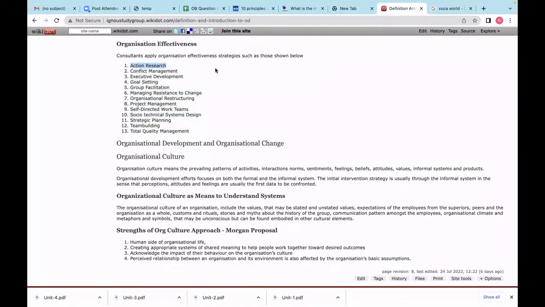What is action research? Action research also comes in the later units, but anyway, I'll give you a very brief idea about it. Action research is nothing but doing research on how a particular action can be done in an effective way. You thought of doing something; now you are doing research on the best way of doing it.